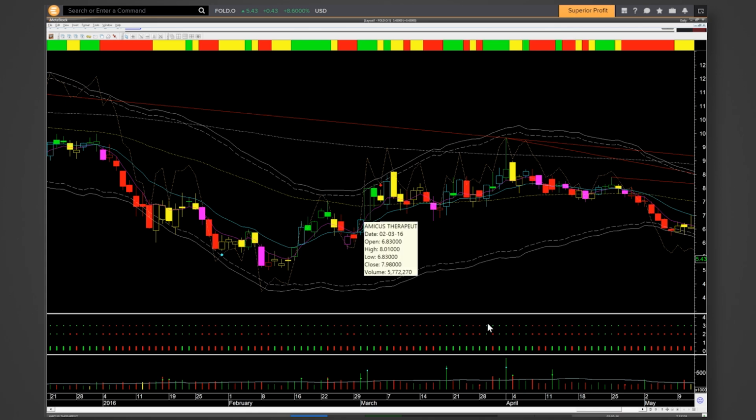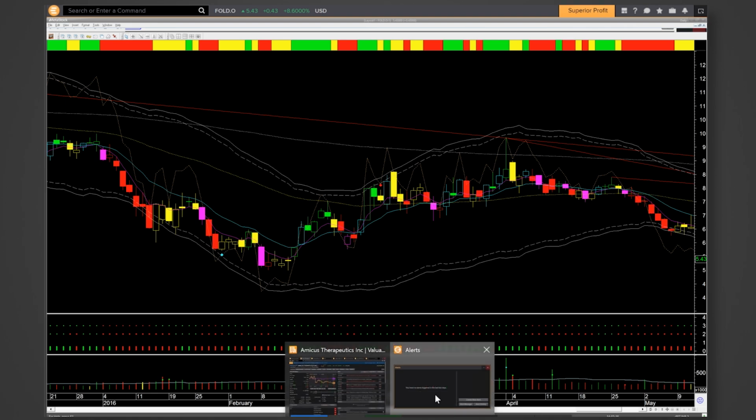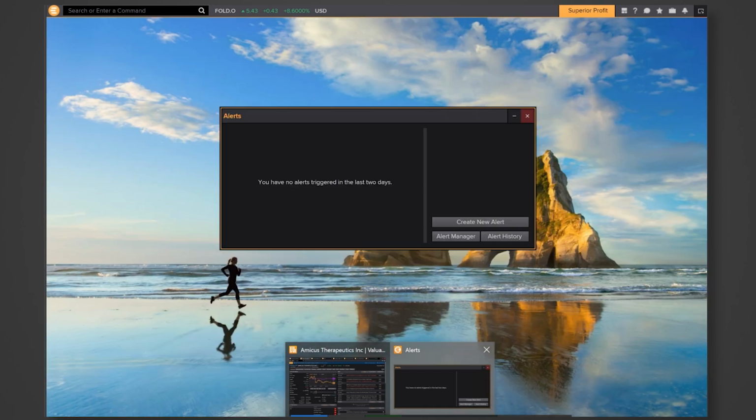So let's look at the price. Suppose I wanted to be alerted when price comes here, and when I hover the mouse on this right hand bottom, it will show the price of that level. So it shows 7.34. Suppose I want to be alerted at somewhere 7.3. So what I do in iCon, I go create a new alert.